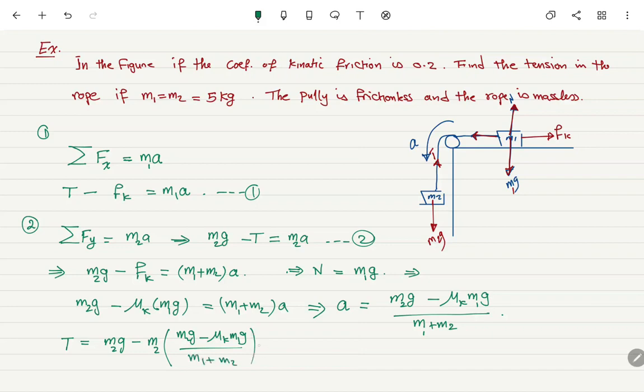You just substitute the given information from the question, you will get the tension equal to 29.4 Newtons. That's it for today, and thank you for watching.